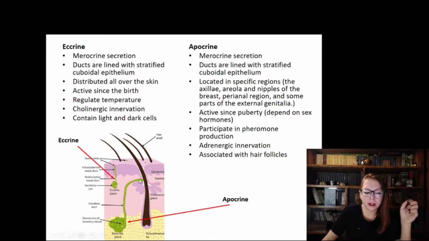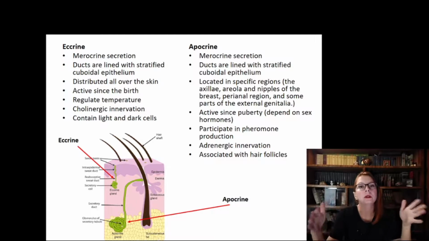Then both have the same ducts lined with striated cuboidal epithelium, and in the case of eccrine glands, they resorb sodium. Now as for the differences. The eccrine glands are distributed almost everywhere over the surface of the skin, and their main function is thermoregulation.